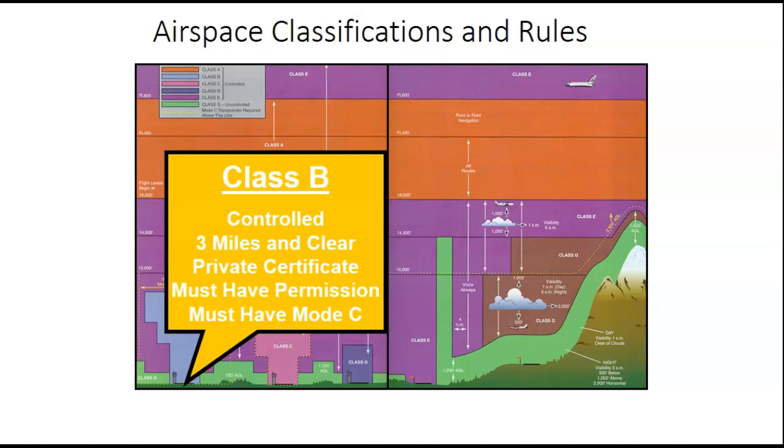And you need at least a private certificate to fly in Class Bravo airspace, unless you have special permission as a student pilot. But all pilots need to receive a clearance or get permission to enter Class Bravo airspace, and you must have a Mode C transponder.